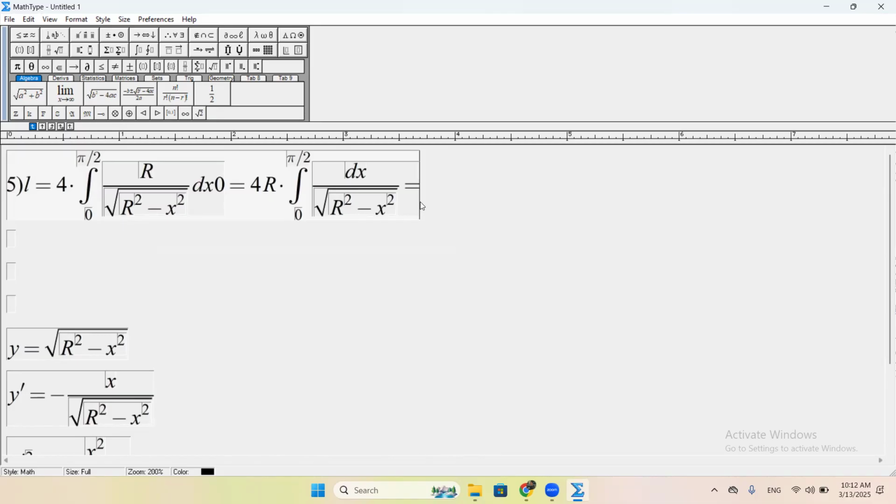So it will be arcsine of x over r, with substitutions from 0 to r.